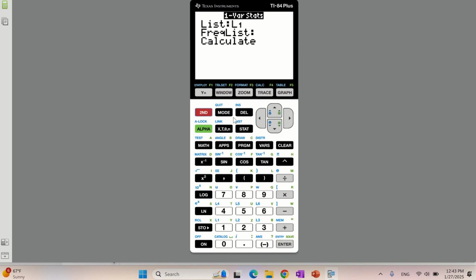So second, stat, and then list 2. And calculate. If you don't have the menu, you just put 1-Var Stats, then list 1, comma, the comma key is there, and then list 2. But yeah, here's your value.